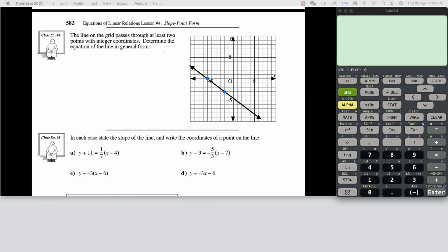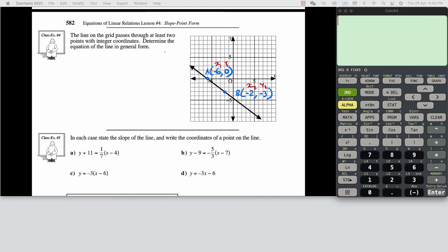So first thing I'm going to do is label these points. So this one up top I'll call point A, let's say. It's at negative 6 in the x and 0 in the y. And this other one down here that I'll call point B is negative 2 in the x and negative 3 in the y. So I like to label these out as x1, y1 and x2, y2.